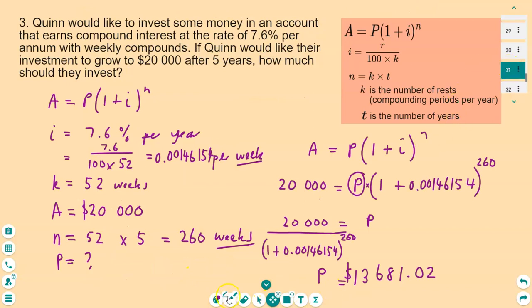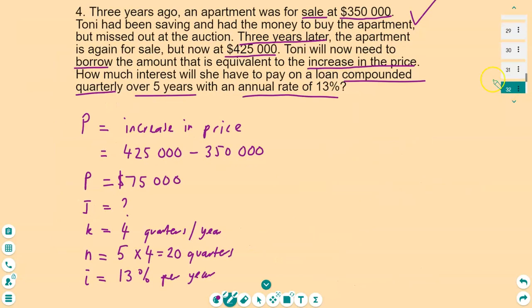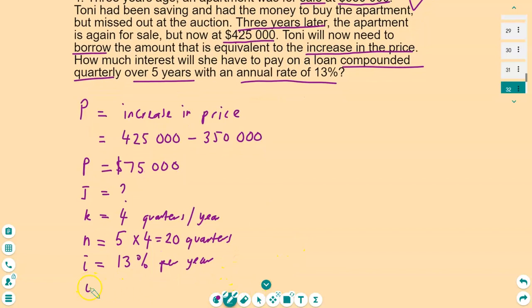And if we come back here, that's what we're after. We convert to a decimal by dividing by 100, and we convert to an interest rate per quarter by dividing by that magic K value. Let's do it. I equals 13 divided by 100 to get to a decimal.